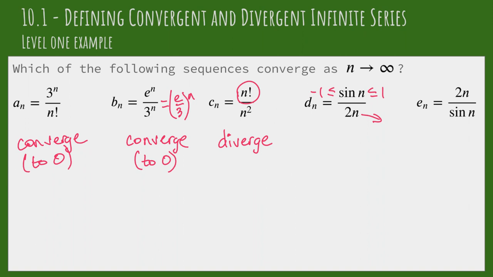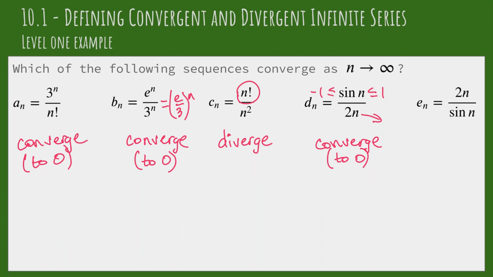So since that's happening, what we're going to get is some finite number on top divided by some really big number on the bottom, and this is going to converge, specifically converge to 0. I hope you're noticing the pattern here. When the denominator dominates the numerator, it converges to 0.